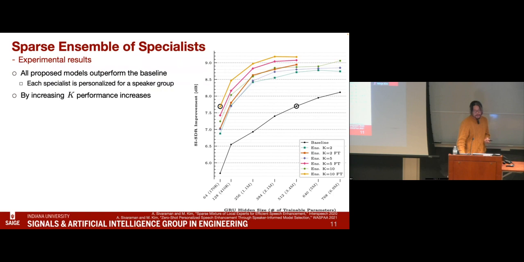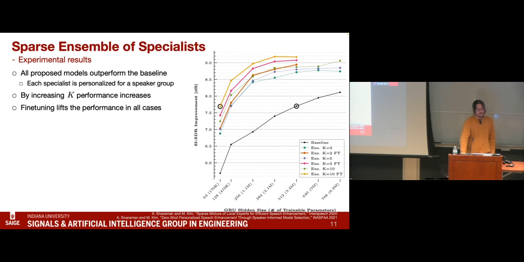But what's really interesting to me is that if we increase the speaker groups from maybe 2 to 10, we can see some gradual improvement as well, although it saturates at some point. So we don't want to come up with 100 different groups because it's not going to be that useful. So this K number is the hyperparameter that you need to choose.